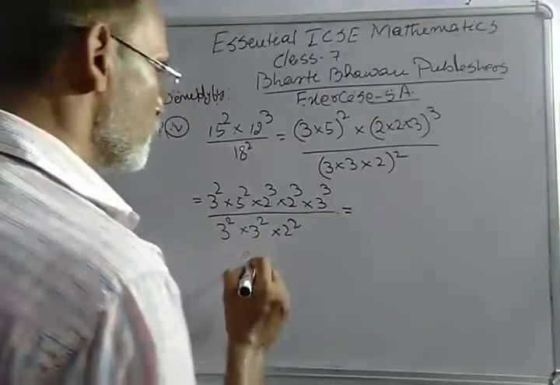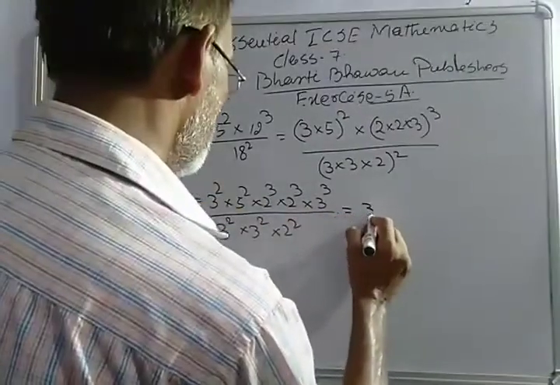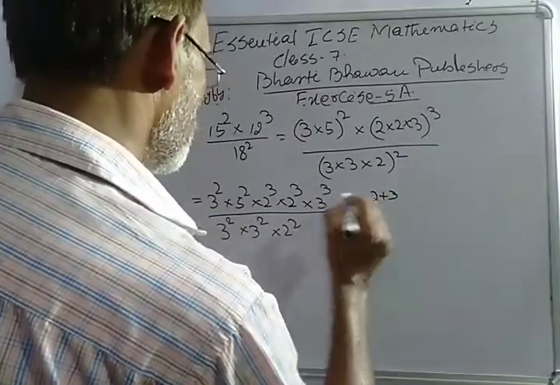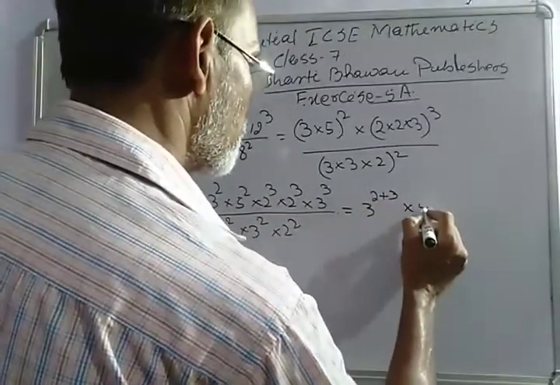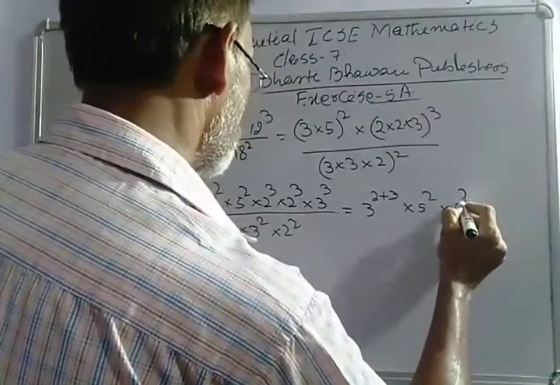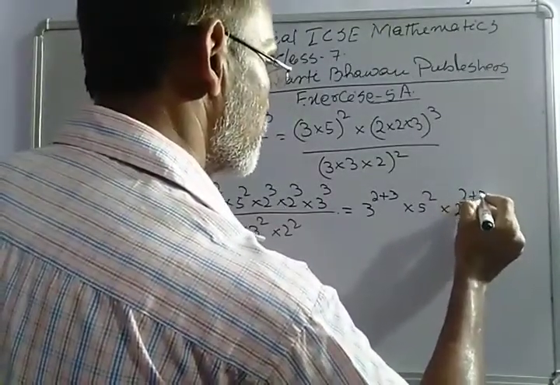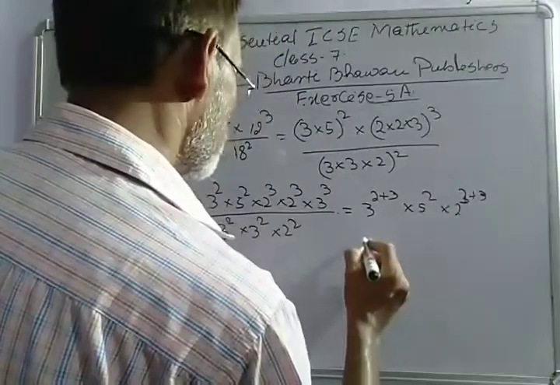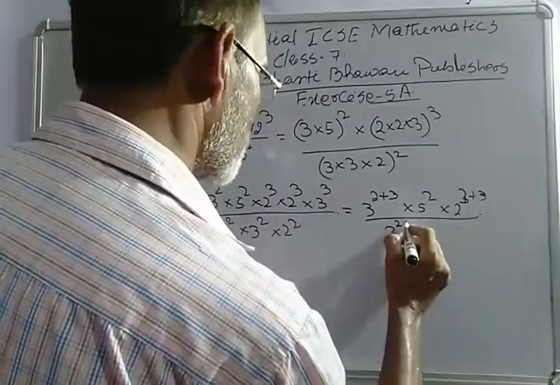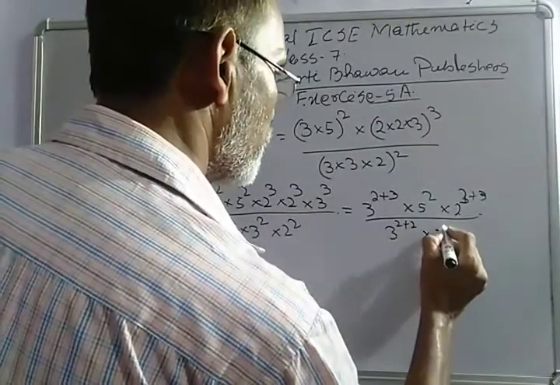So this is equal to 3 to the power 2 plus 3 into 5 to the power 2 into 2 to the power 3 by 3 to the power 2 plus 2 into 2 to the power 2.